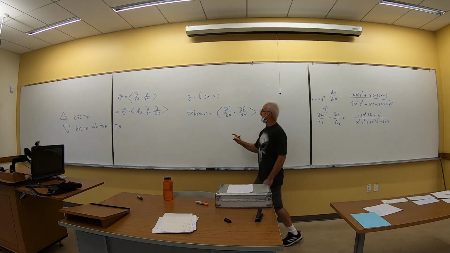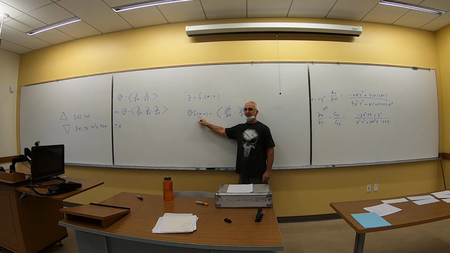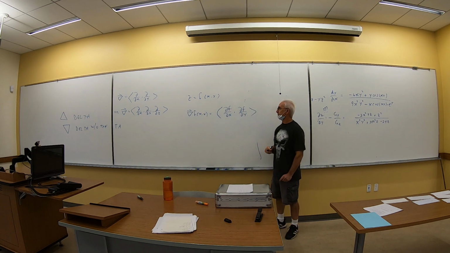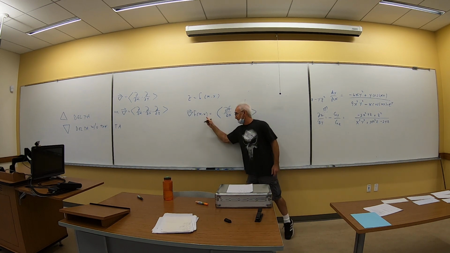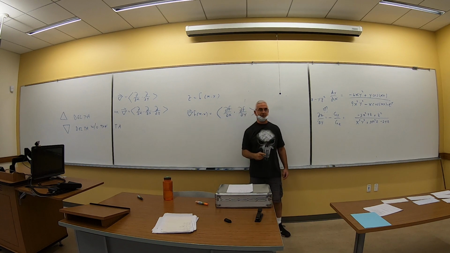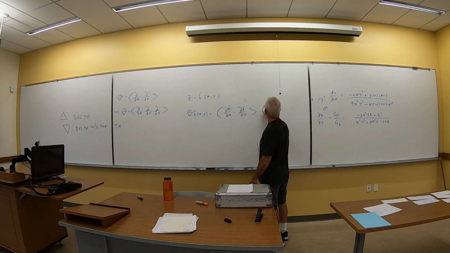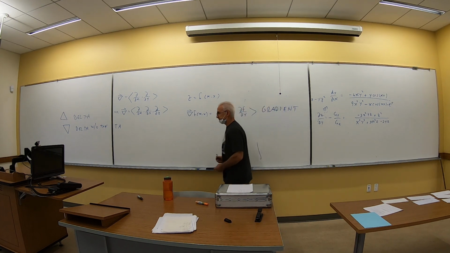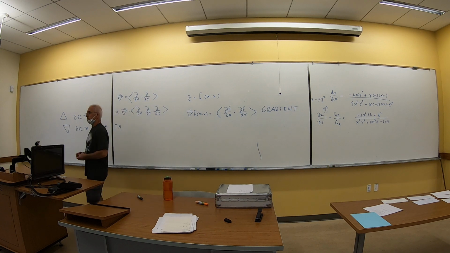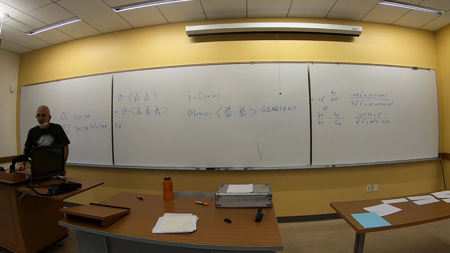And so I do the del operator partial with respect to x on the first term, and on the second term is the partial with respect to y, sorry. Okay? This quantity right here is called the gradient. The gradient is the vector of partial derivatives created by the del operator.